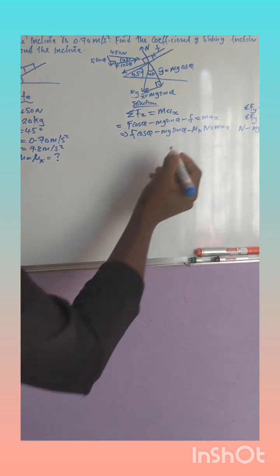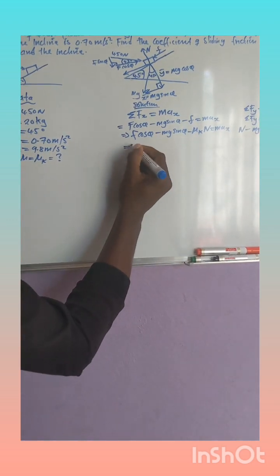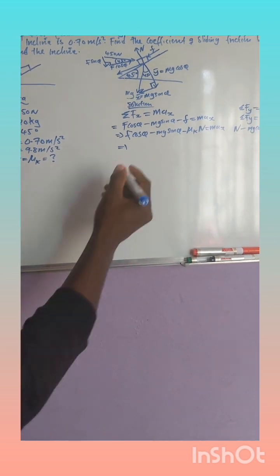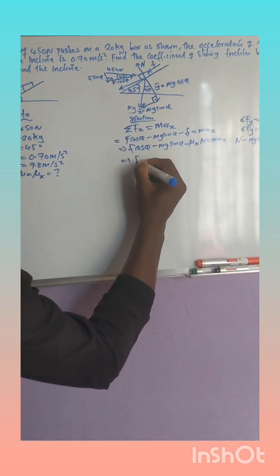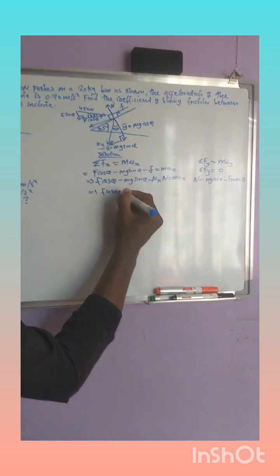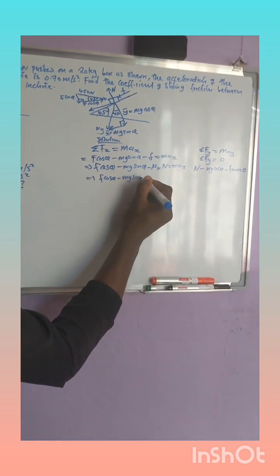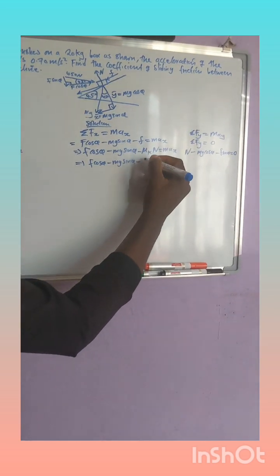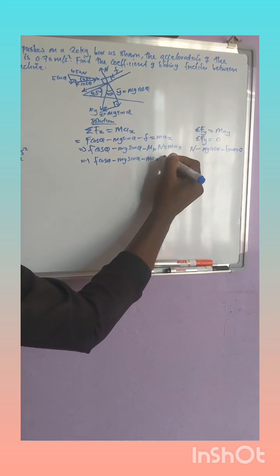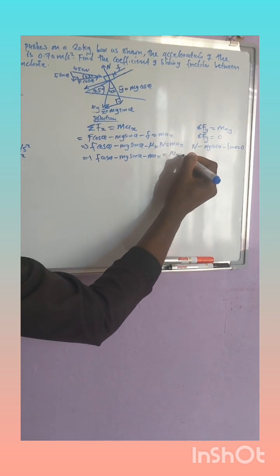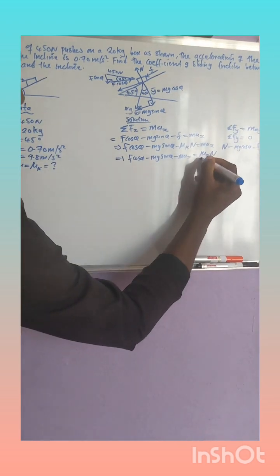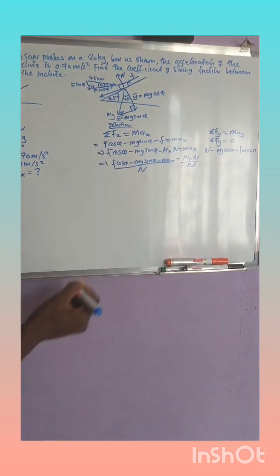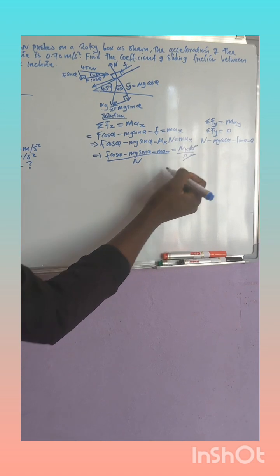We have to make mu k the subject of the formula. We will have F cos theta minus mg sin theta minus max is equal to mu k times the normal force. So we divide everything by the normal force.